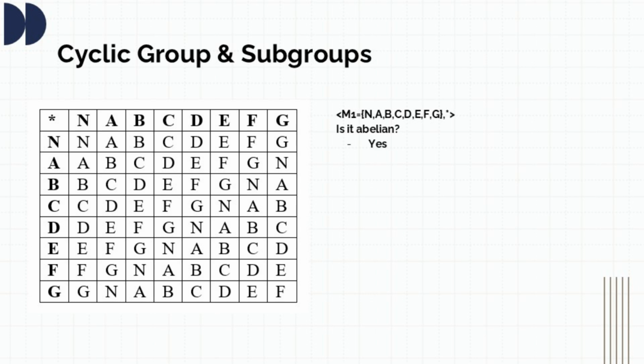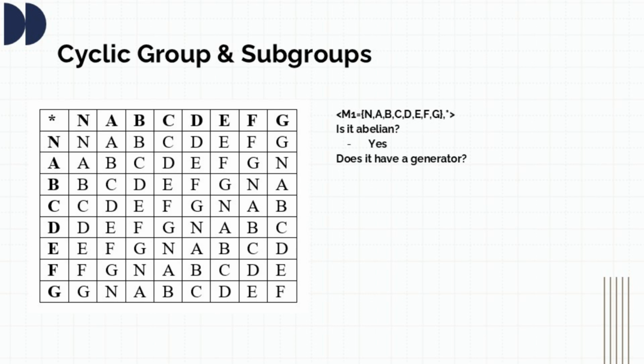This subgroup is abelian because the table is symmetric along the diagonal, where for every pair of elements A and B, we have A star B is equal to B star A. Does it have a generator?